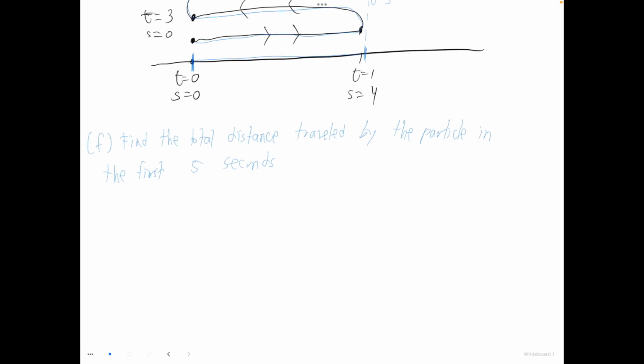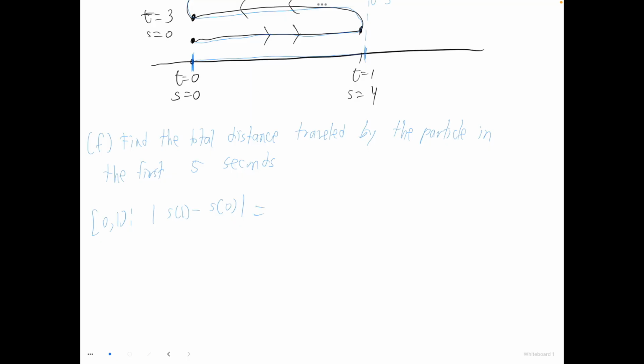We're moving forwards from 0 to 1, and on 0 to 1, our distance traveled is still going to be s of 1 minus s of 0. This is the distance we travel in that first second.